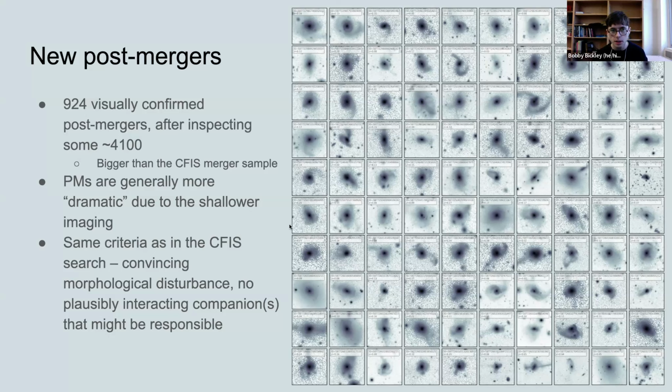So it's a relatively conservative predicted post-merger fraction within the machine-predicted sample. But the DECaLS imaging did make it difficult for me to convince myself of merger statuses in ambiguous cases. And we wanted to make sure that we had a really pure post-merger sample here. So we end up with these more dramatically disturbed post-mergers, which I'm showing in this mosaic here.